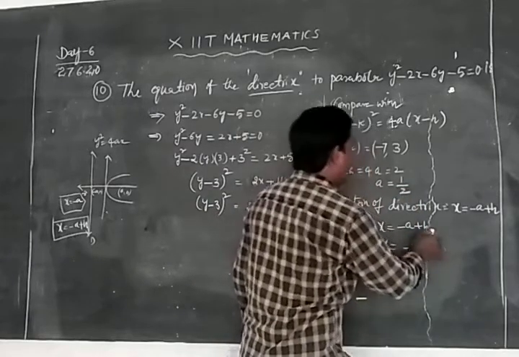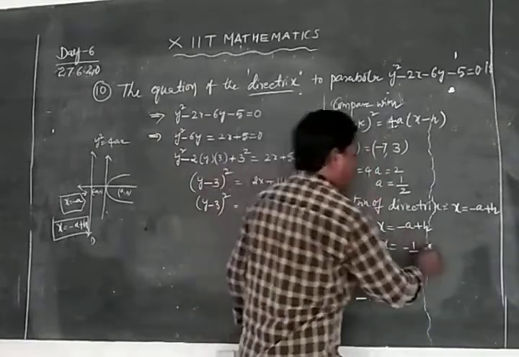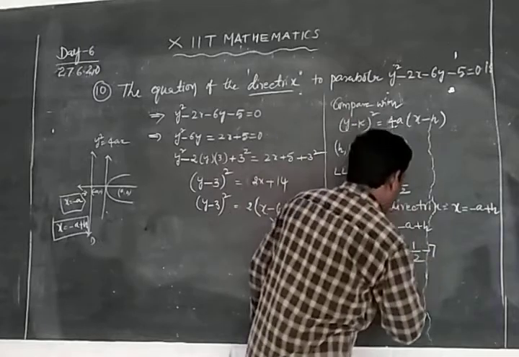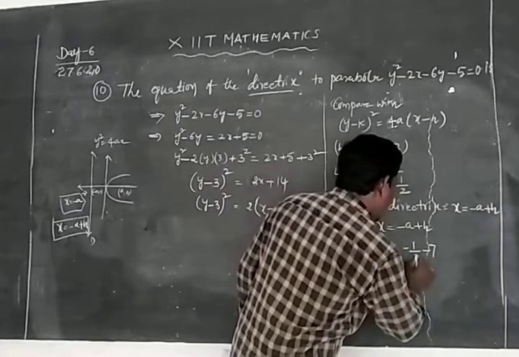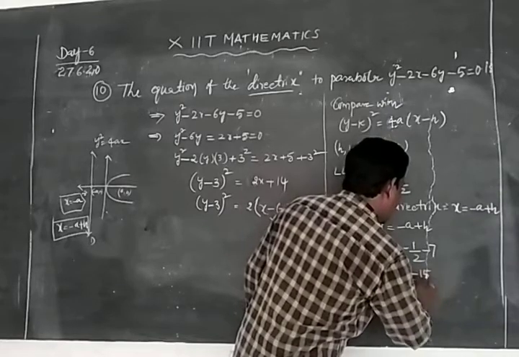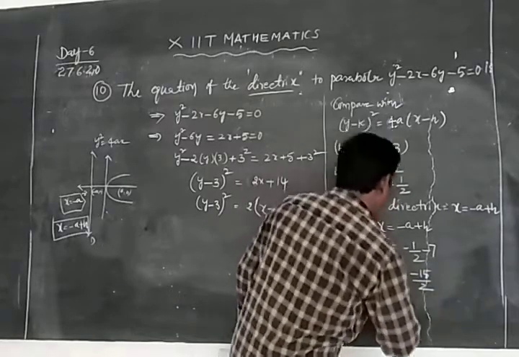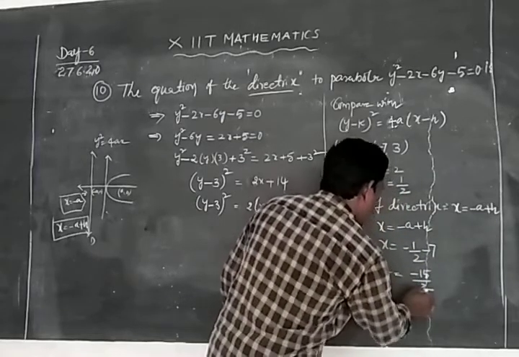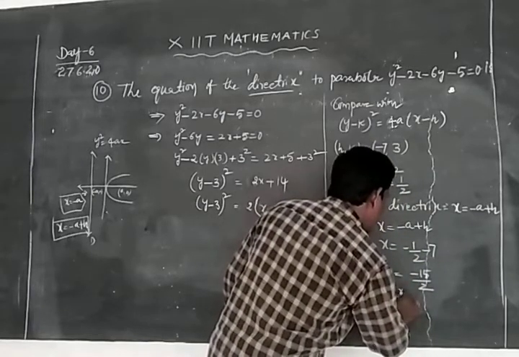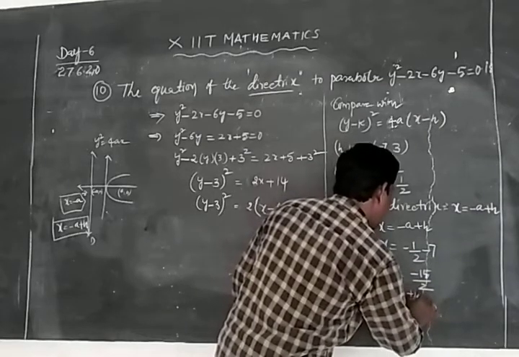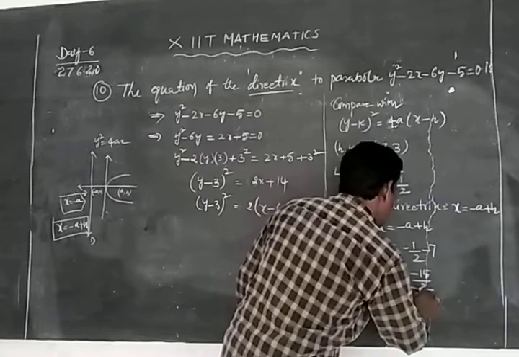What is the value of h? Minus 7. After the simplification, minus 15 by 2. That means 2x, minus 15 becomes plus 15.